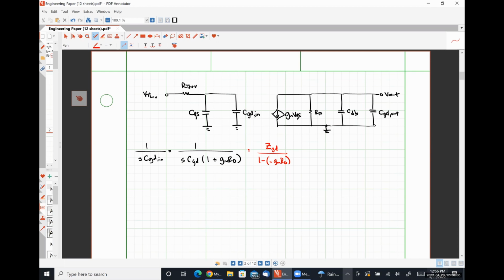And so in essence, we see that the capacitance effectively gets amplified at the input, right? Because it's being scaled by a factor of 1 plus GMRD. So the capacitance appears larger at the input term.